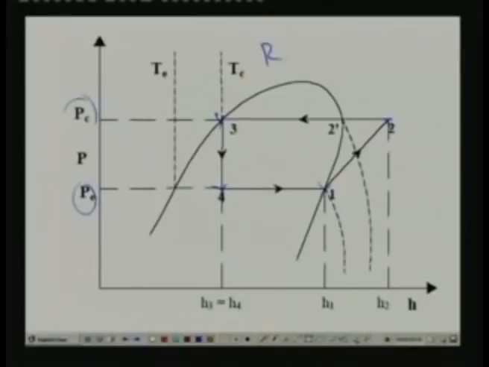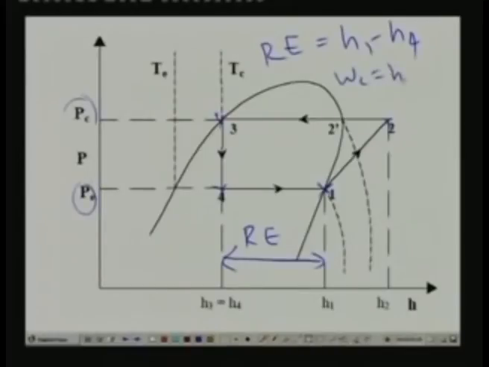The refrigeration effect, RE, is H1 minus H4, this enthalpy minus this enthalpy, or this length. And what is the work of compression? Work of compression is H2 minus H1, this enthalpy minus this enthalpy, that is this length. So the moment you locate all the points, you can straight away read the enthalpy values and get the refrigeration effect and work of compression.